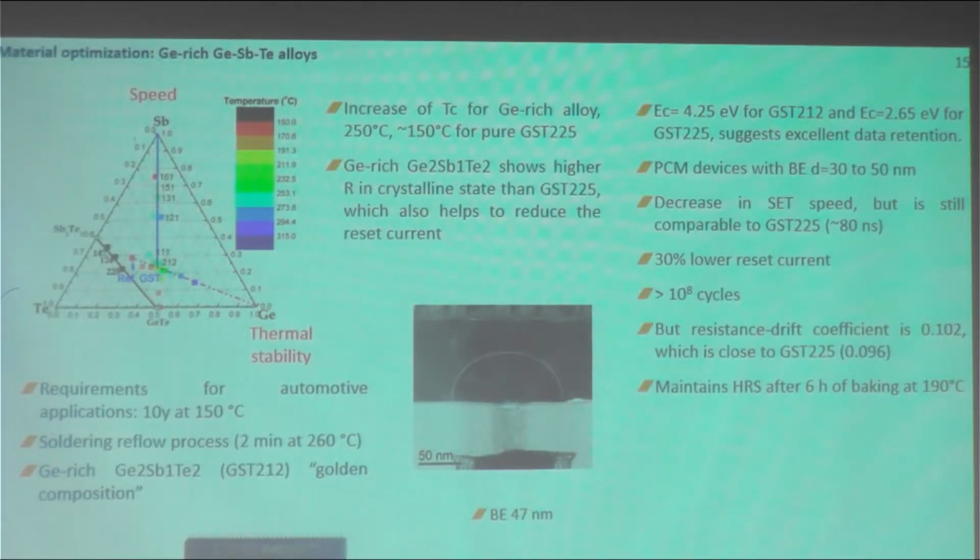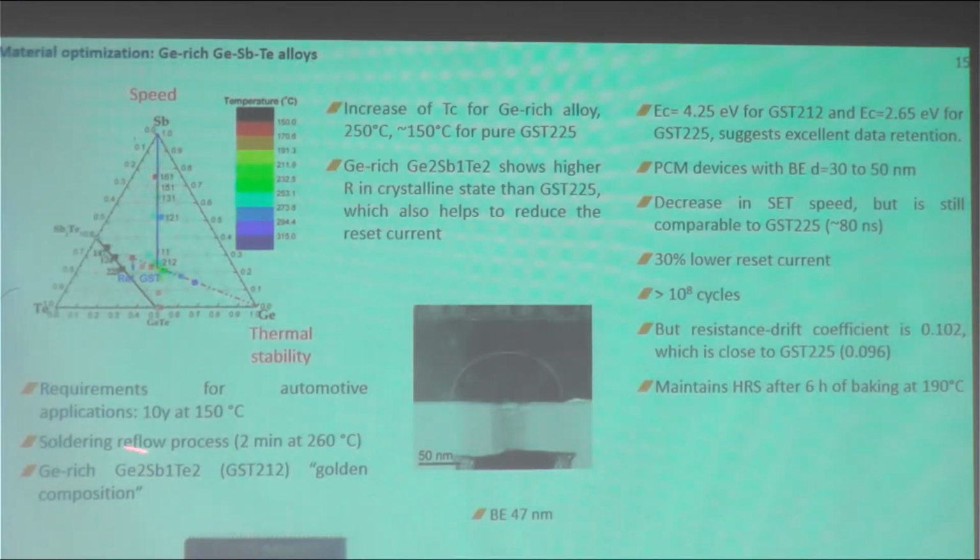If you want to apply them for automotive applications, such materials should have a crystallization temperature in the range of 260 degrees C, and the data retention should also be much larger than for the pure GST alloy, so there was research in this direction to improve the thermal stability of GST.